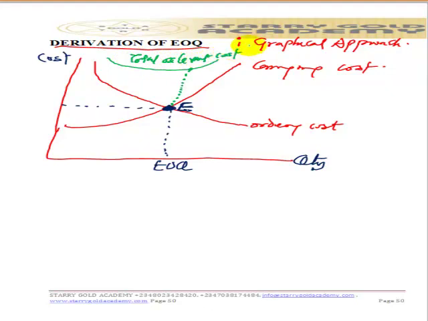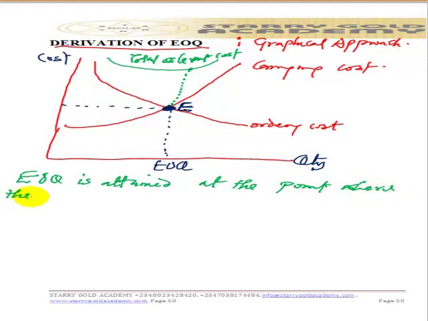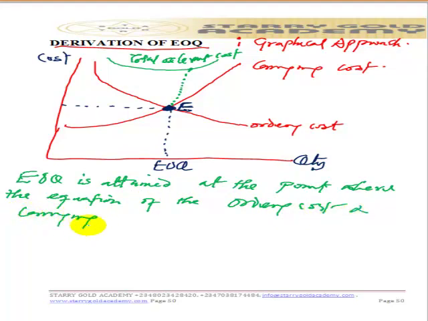So we can say that the economic order quantity is attained at the point where the ordering cost and carrying cost intercept.